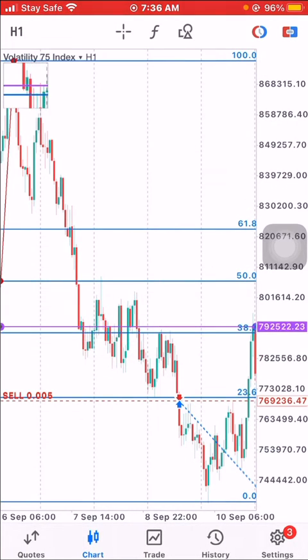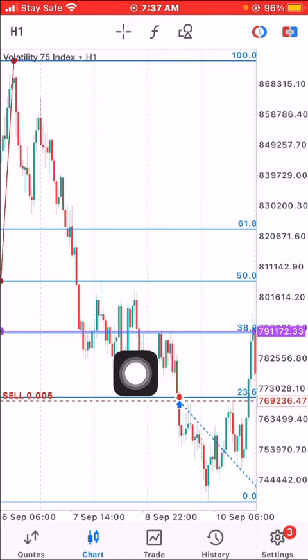Look at it here, another level of resistance, because it was already broken here. The market retraced down, and after that the market retested this area. But what happened? The market was unable to break above this previous resistance. That tells you the market will still push down further.